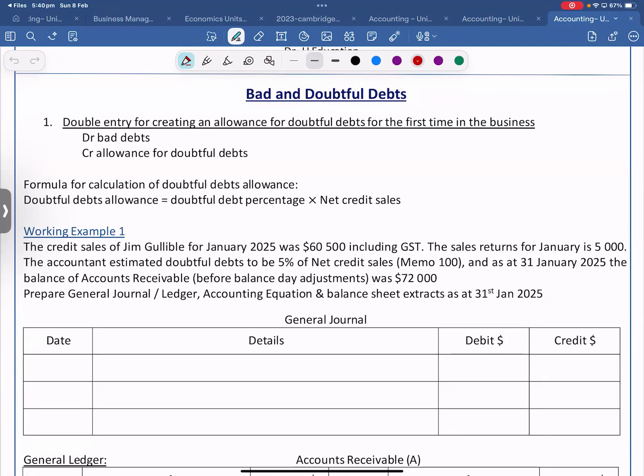Whatever we had, we transfer it to the profit and loss summary. But this one, we are going to change the revenues and expenses. So first you do the balance day adjustments, then you do the transfer. So the transferring entry is basically done at the end.